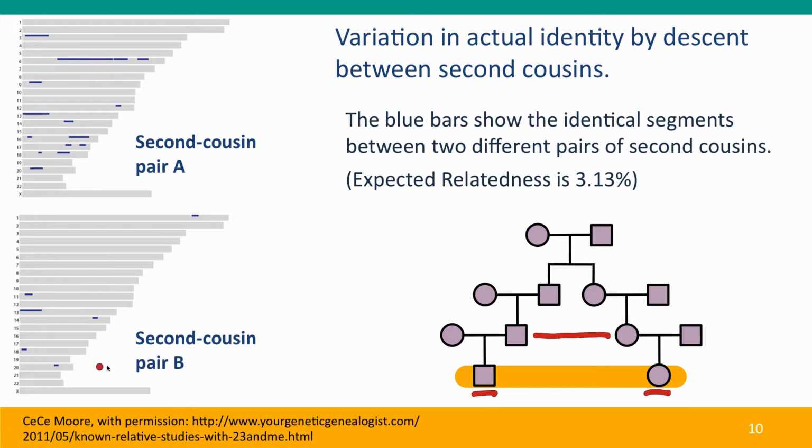Pair B has much less identity. This is purely the result of chance effects in meiosis, and shows how dramatically predictions of relatedness can underestimate or overestimate the actual relatedness when you get out to relatively distant relatives.